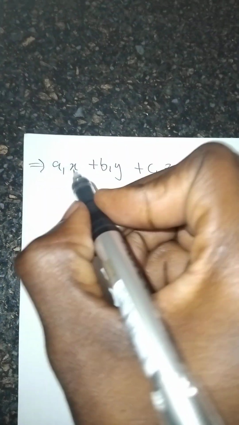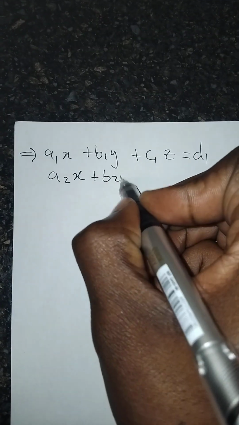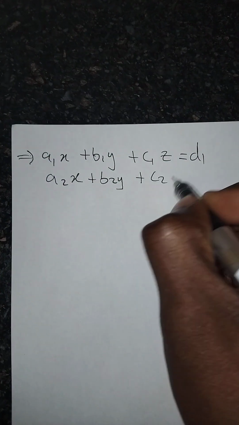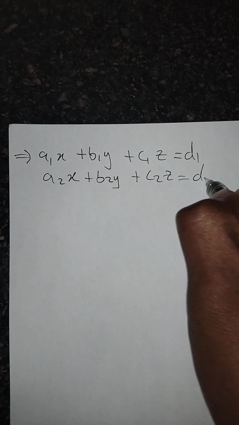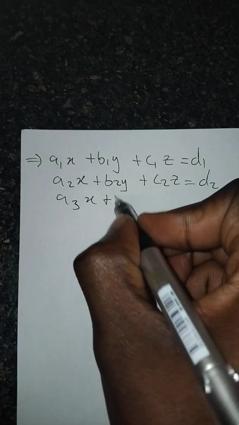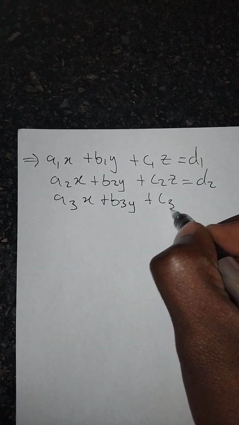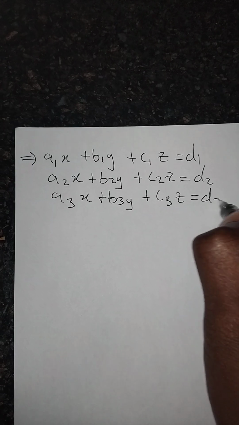Then the next equation, a2x plus b2y plus c2z must be equal to d2. Then the final equation, a3x plus b3y plus c3z must be equal to d3.